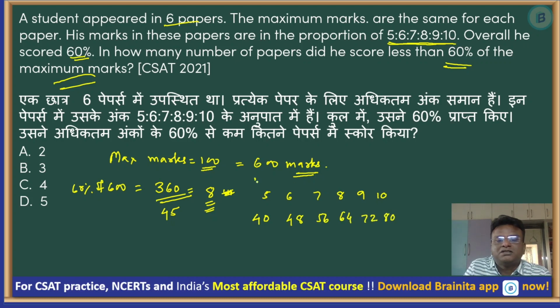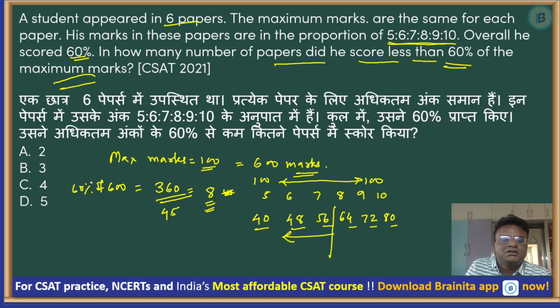Now maximum marks here is 100 everywhere. That means these are the percentages in each of the papers. Now in how many papers did he score less than 60%? These 3 papers. Option number B, 3. In 3 papers he scored less than 60%. Let us move to the next one.